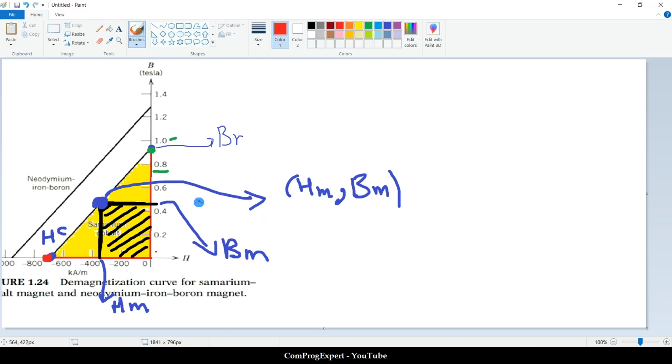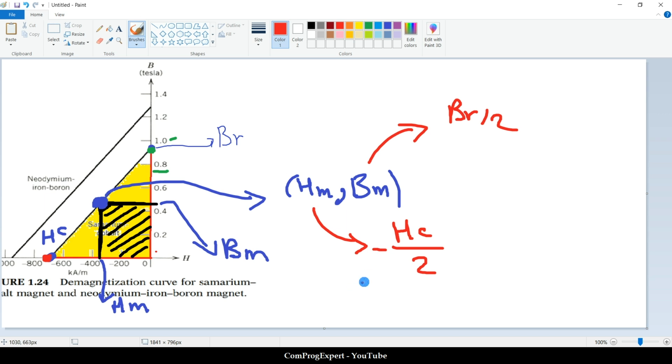So here Bm is Br divided by 2. Again, I say this is a straight line. And the value of Hm is Hc divided by 2. If you consider a positive number for Hc, this is negative Hc divided by 2.